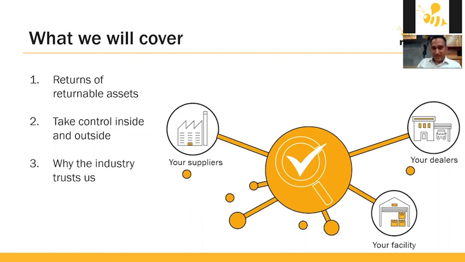And the third thing is we will talk a little bit about Roambee, the role we play, and why the industry has been adopting us very rapidly and widely when it comes to monitoring of returnable assets.